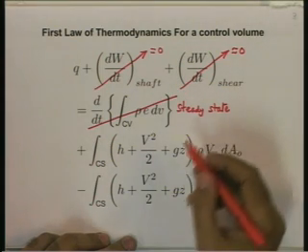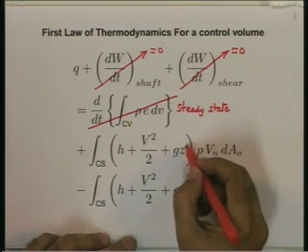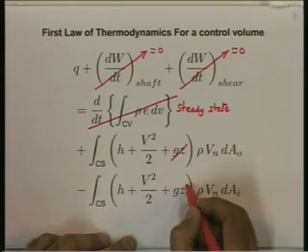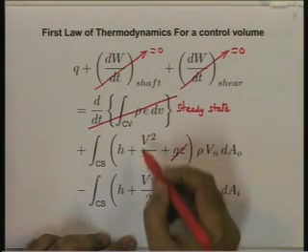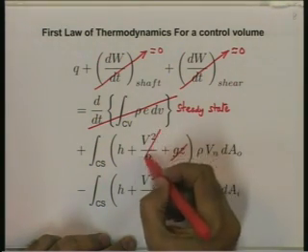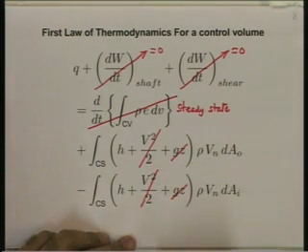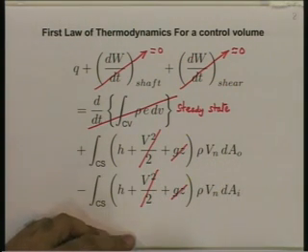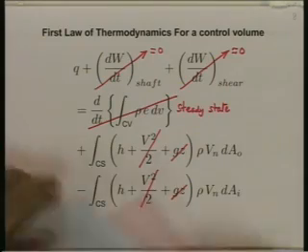Then we will also assume that the potential energy terms are negligible and the kinetic energy terms are also negligible. So you will notice that the general form of the energy equation will end up with some very gross major simplification.